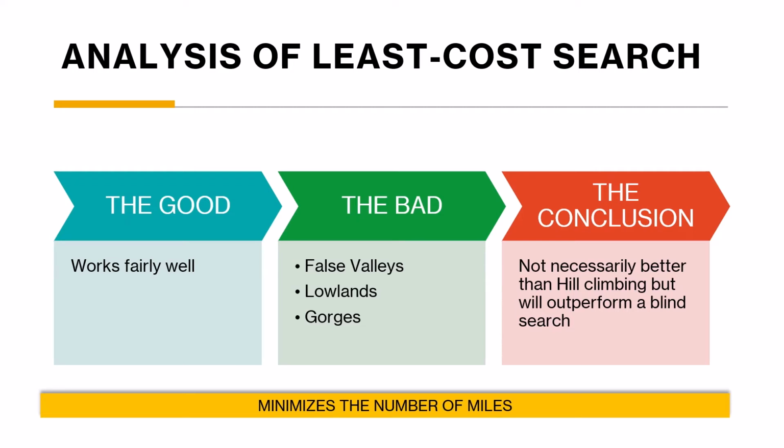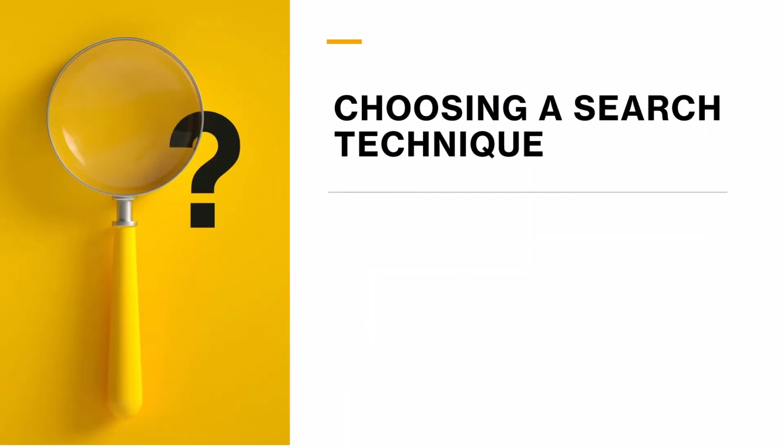Now let's discuss the basis on which we choose a search technique. Now we know that heuristic search methods work better than non-heuristic search methods, but of course we may not always be able to use heuristic search methods simply because we may not have enough information, for example, to qualify that a node is on the path to the goal, right?